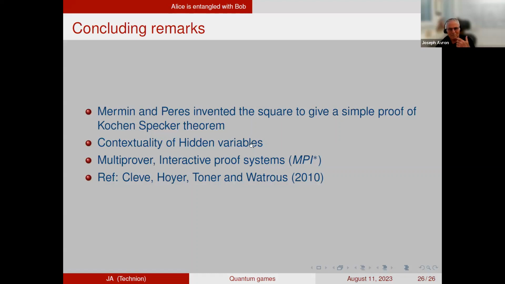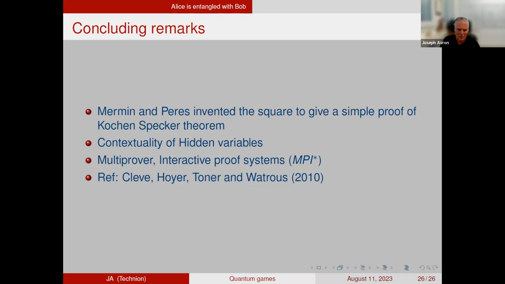As we saw, if you would like to replace quantum mechanics with hidden variables, you would have to invent hidden variables that also care about contextuality. As I explained, filling a row, you would get random entries, but two of the random entries would determine the third random entry. So the hidden variables would have to be contextual. They would have to know not just how you prepared the system, but what kind of measurement you made.